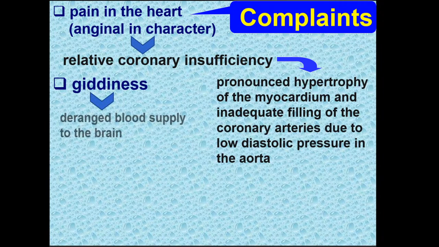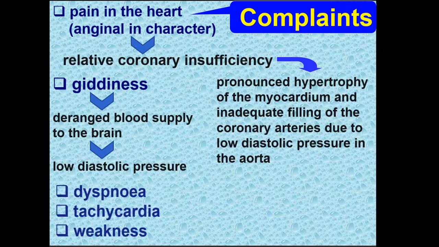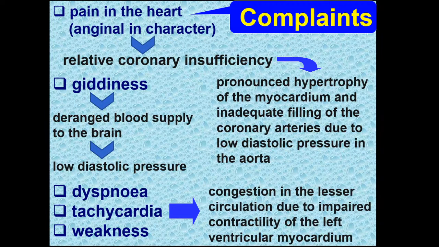The patient feels giddy, sometimes can lose consciousness due to deranged blood supply to the brain and low diastolic pressure. And there are symptoms which indicate decompensation of the left ventricular contraction and congestion of blood in the left circulation: dyspnea, tachycardia, weakness.